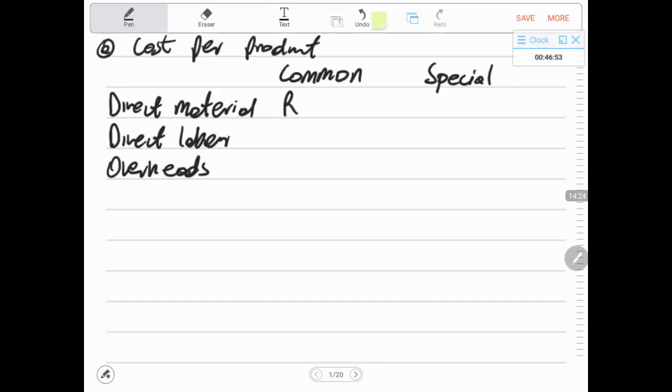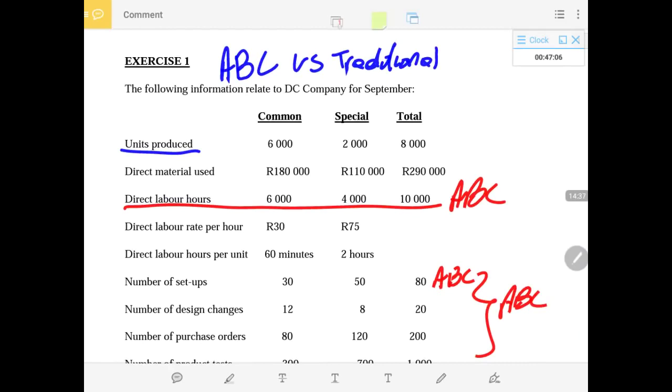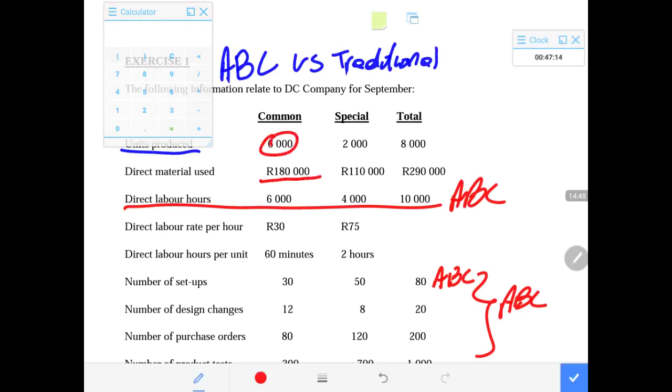So now we need to know how much is the direct material and how much is the direct labor. I think it was 55. Let me just confirm those figures, if it was 55 rand and 30 rand or not. When it comes to material, we have 180,000. Divide this by the number of units, which is 6,000 units.